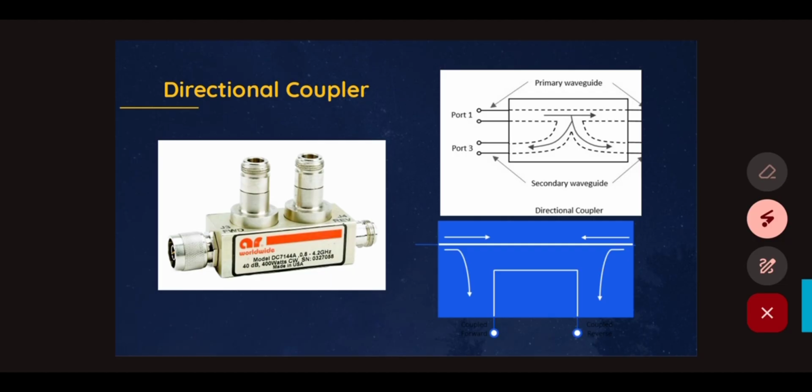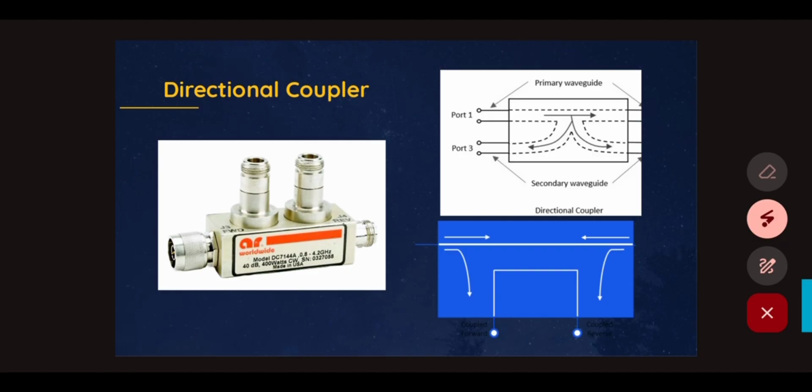Conductor loss does not affect this directional coupler very much, but the dielectric loss does. FR4 material, for example, is a very lossy material, so we need some other dielectric material, like Rogers and so on.